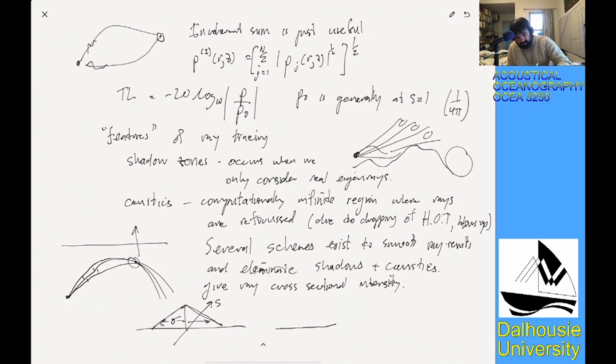And another scheme is Gaussian. Again, this is S. And sigma is a little bit more at home on this one than the triangular one. So by giving your rays some beam width, you can color in the area here and avoid some of these very small localized shadow zones.